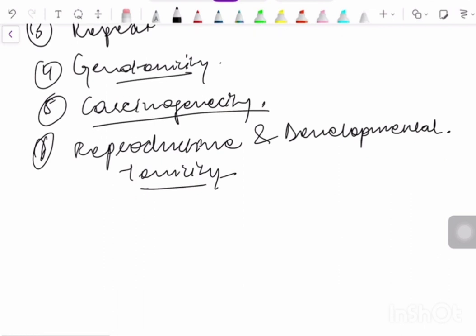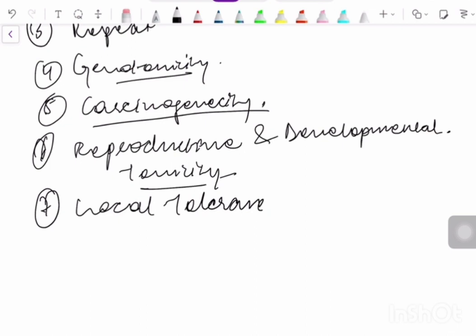Then seventh is local tolerance. If local tolerance studies have been performed, they should be summarized in order by species, by route, and by duration, giving brief details of the methodology and highlighting important findings. Then eighth is other toxicity studies.